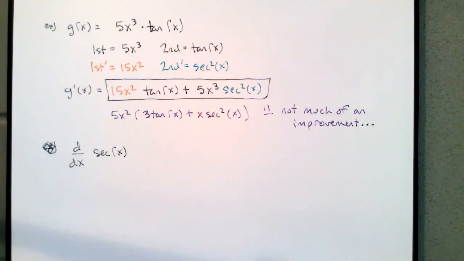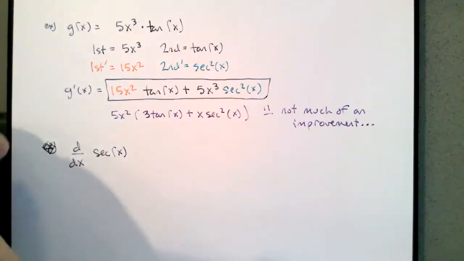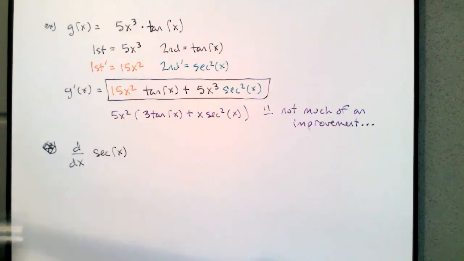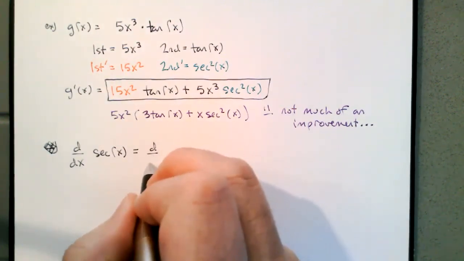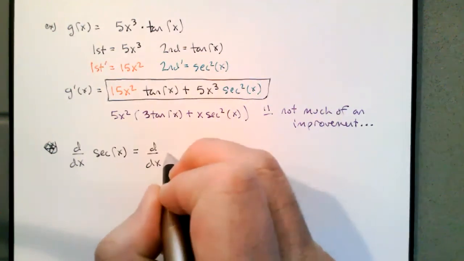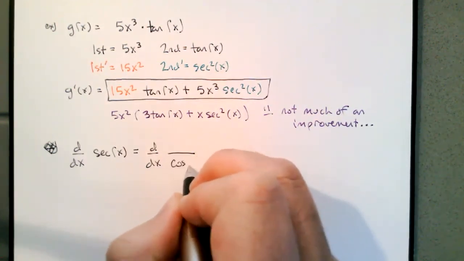I'm going to rewrite the secant as 1 over cosine. I'm going to do the same thing that we did with tangent.